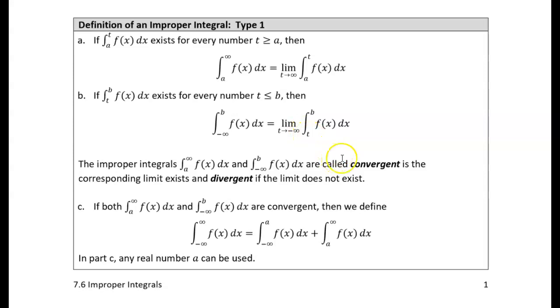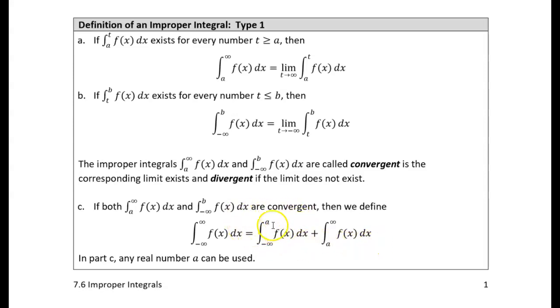And you can also do a combination of the two things. You can look at the integral from minus infinity to infinity of some function, and all you need to do is just split it up into two parts. It's basically the same thing. You're going to integrate from minus infinity to some a, and you can choose basically whatever you want for a, as long as this function is continuous.